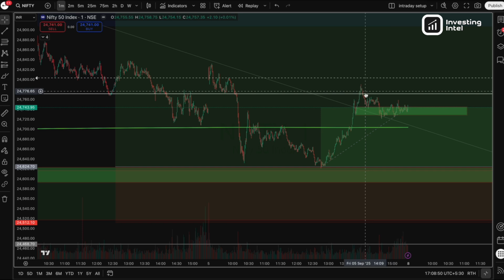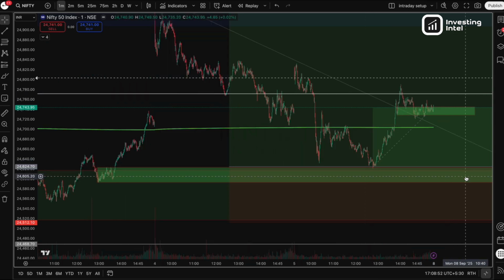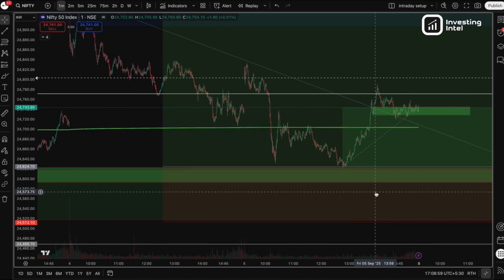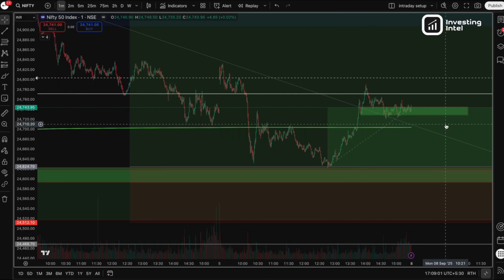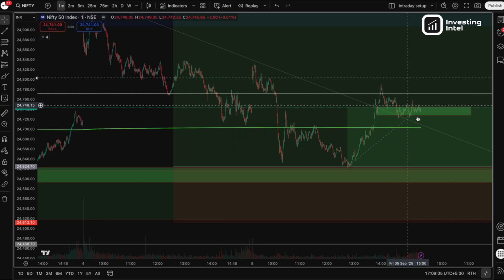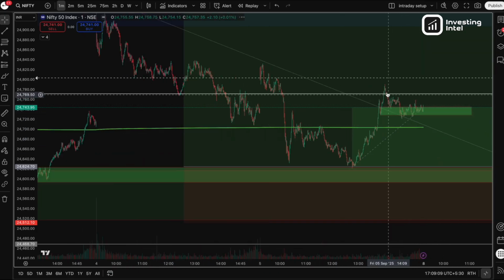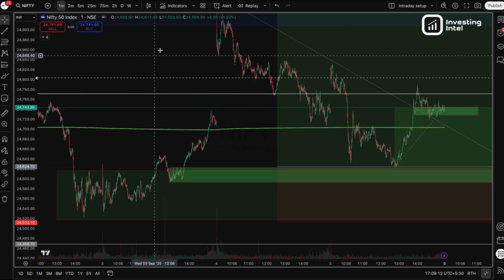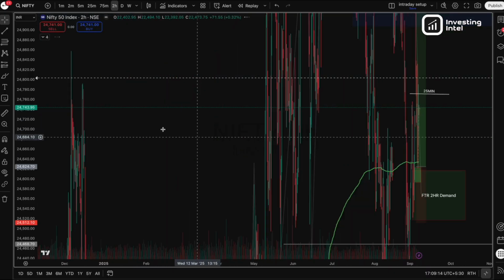So we exited here. And if you see the call option on 5th September, the price of the call option fell sharply again. So we exited here.